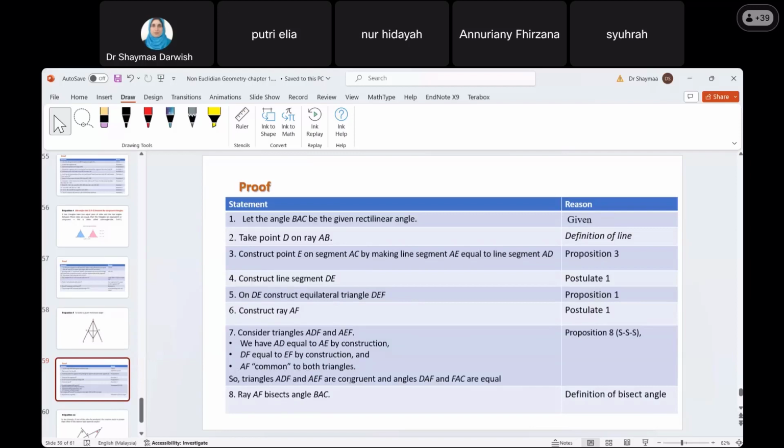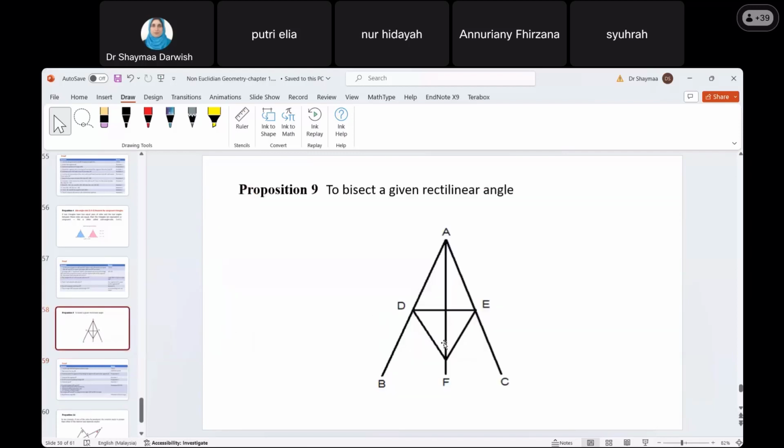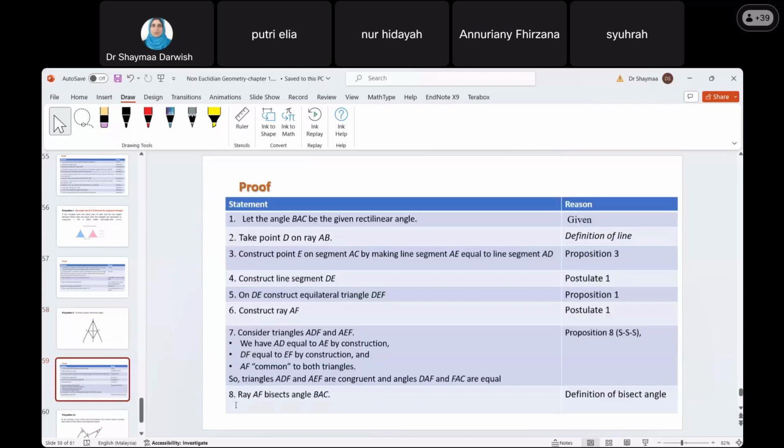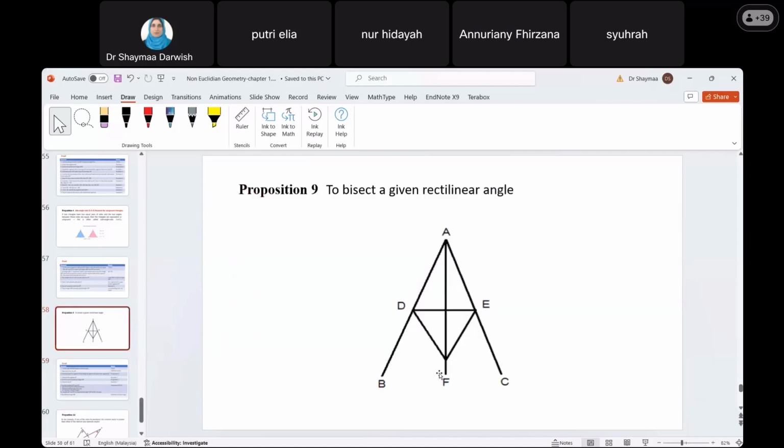So the triangles are congruent and the 2 angles are equal: CAF and BAF are equal angles. So this means that the ray AF bisects the angle CAB. This is how we bisect the angle.